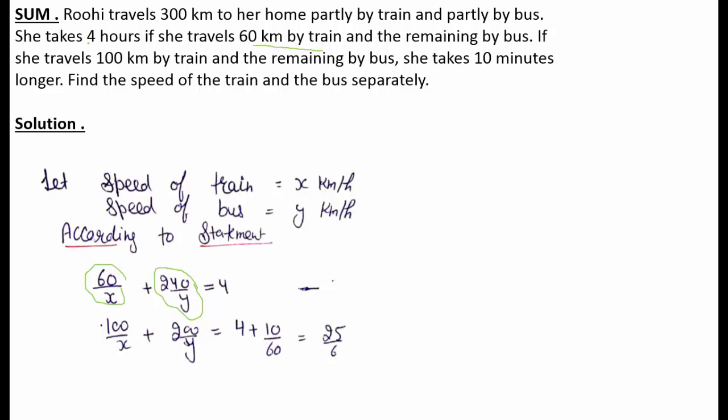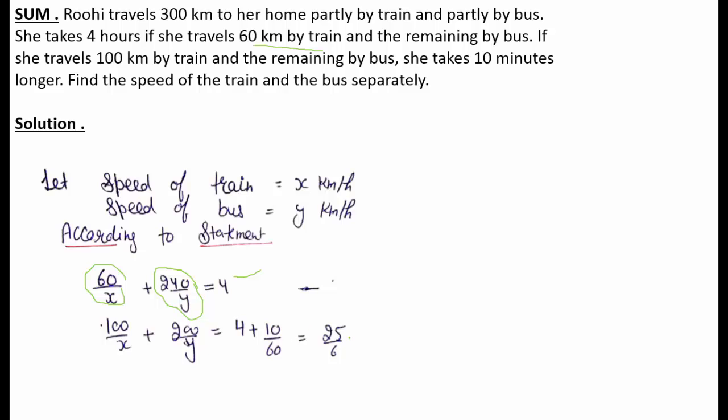She takes a total time equal to 4 hours. Now the second condition is if she travels 100 km by train, it means 100 divided by x plus the remaining 200 divided by y equals 4 hours plus 10 minutes longer. This means 10 divided by 60 hours. So this will become 25 by 6.